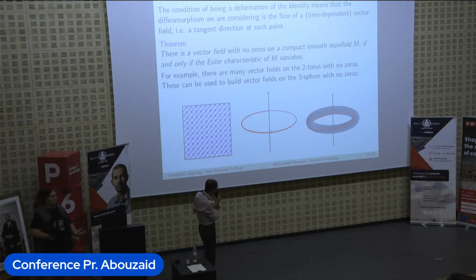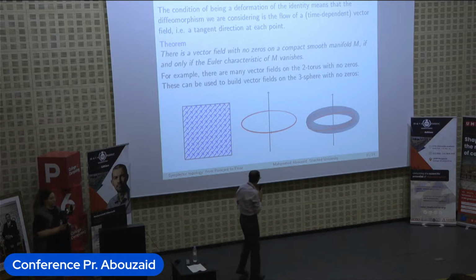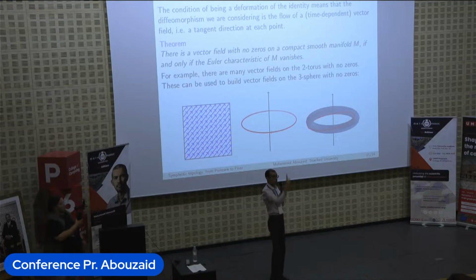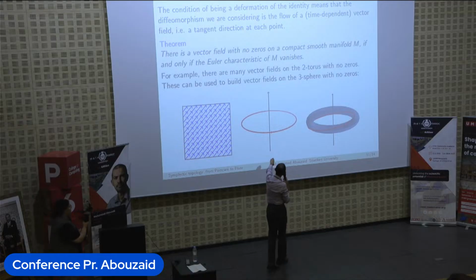So how do we do it? Well, first thing I'm going to do is something a little bit strange. I'm going to take this central axis, the z-axis, and on it I'm going to have my vector field pointing up. And if it goes up to infinity, well, infinity up there is the same as infinity down here, so I go up there and I come back. So on this circle in S3, the vector field is just pointing up.